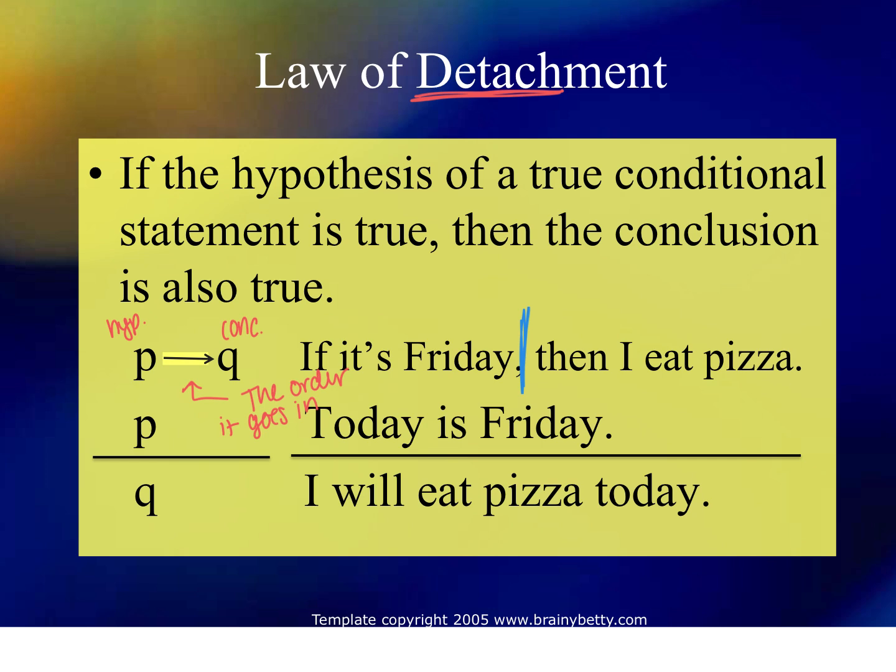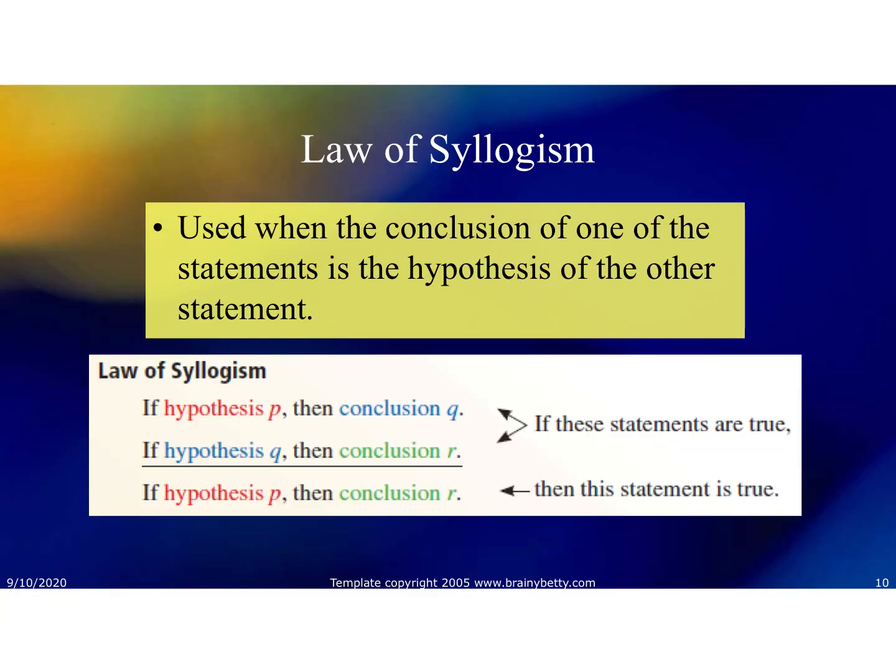The next law that you have to know is the law of syllogism. It's used when the conclusion of one of the statements is the hypothesis of the other. So pay attention to the colors, the reds and the blues and the greens. I'm giving you two true statements. It can be written as one statement.